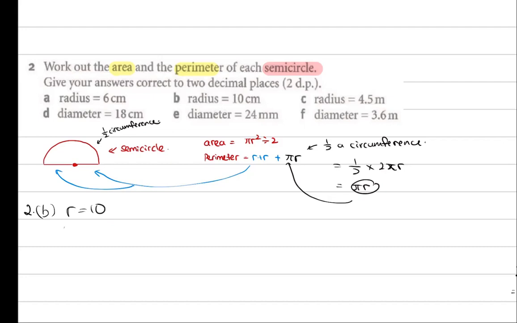Let's look at 2B. Radius is 10. Area is, you need to square it, then times pi, then only divide it by 2. Circumference will be 10 plus 10 plus pi 10.